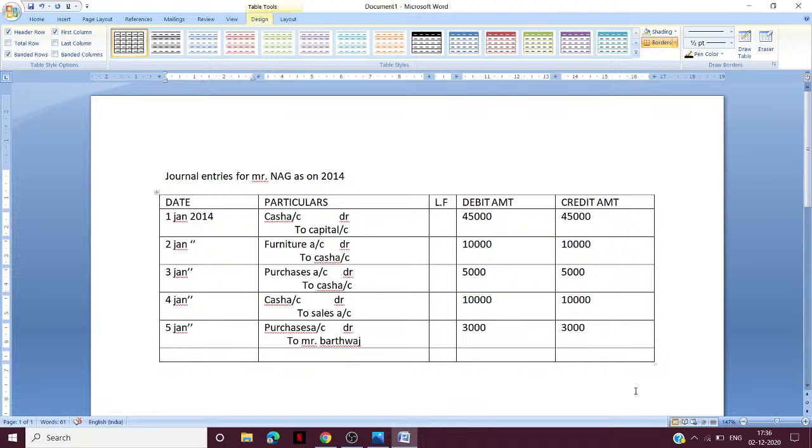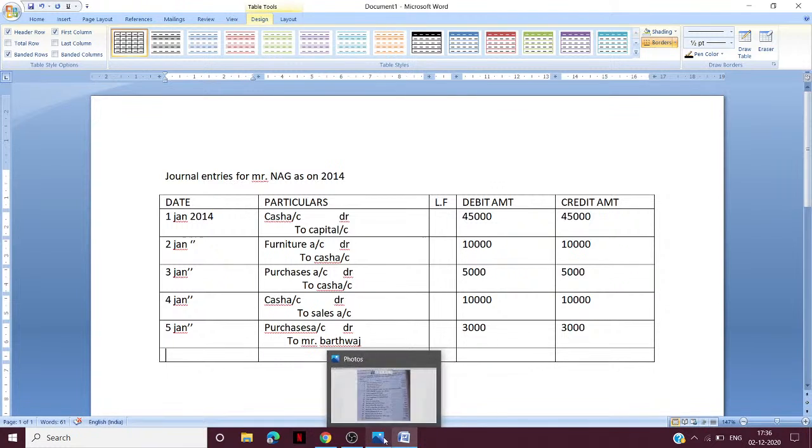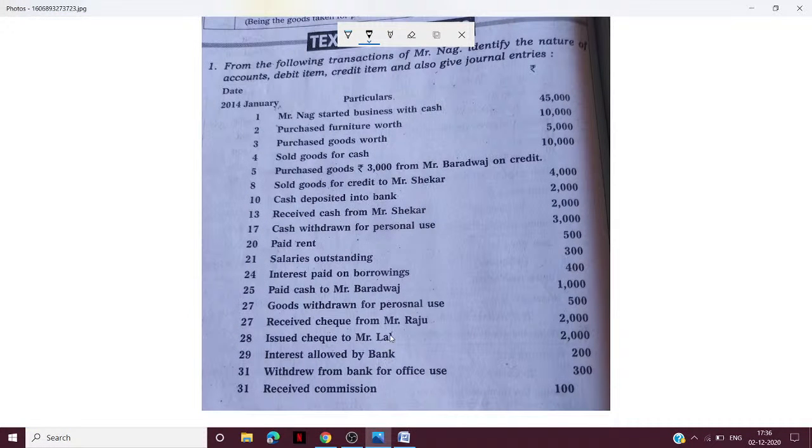Hope you have cleared this. Next, same credit transaction in sales. What we have in sales on 8th: sold goods on credit to Mr. Shaker. How much is the transaction worth? 4,000.